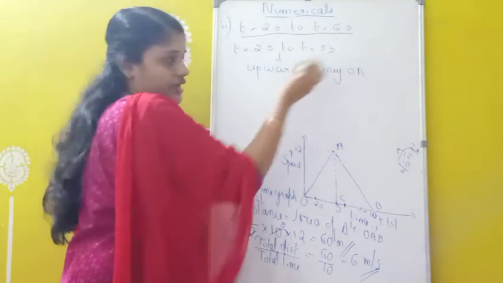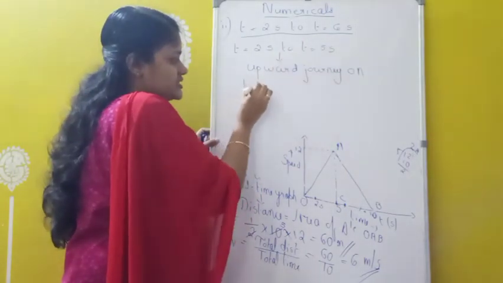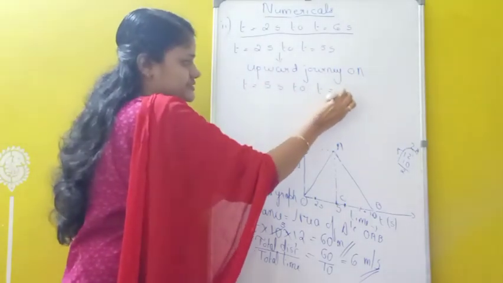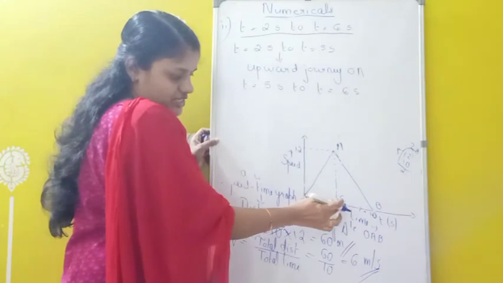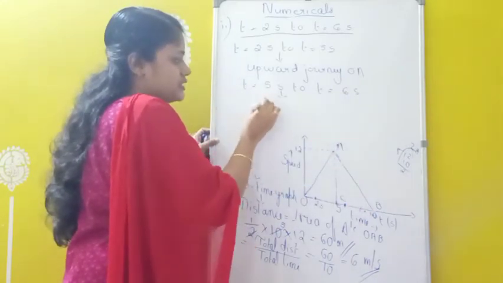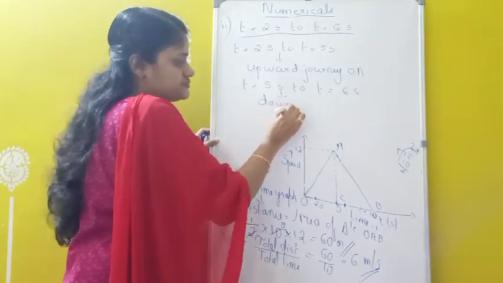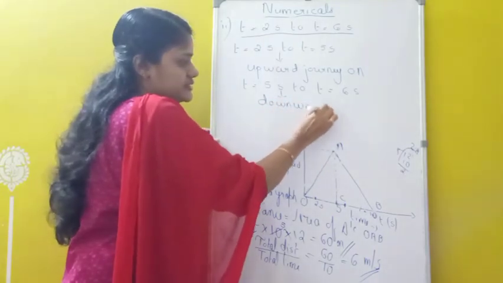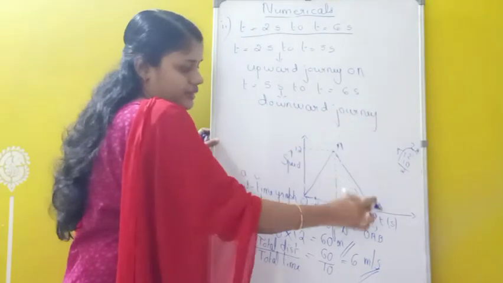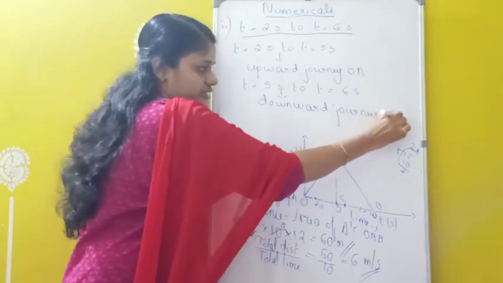Similarly, the next part, t equals 5 seconds to t equals 6 seconds, comes in the downward journey, which is given as AB.